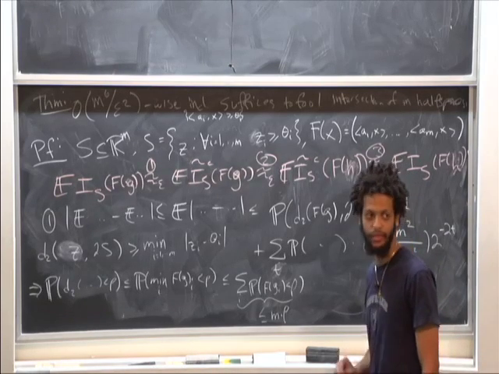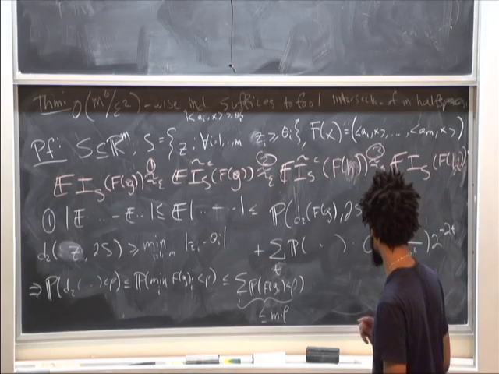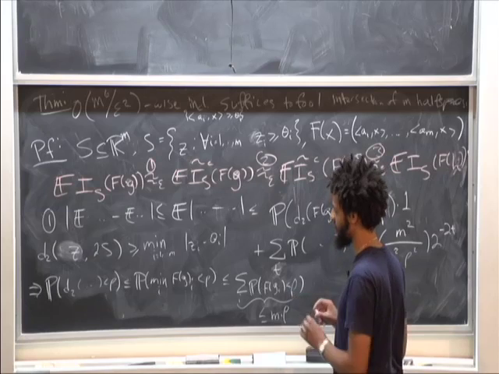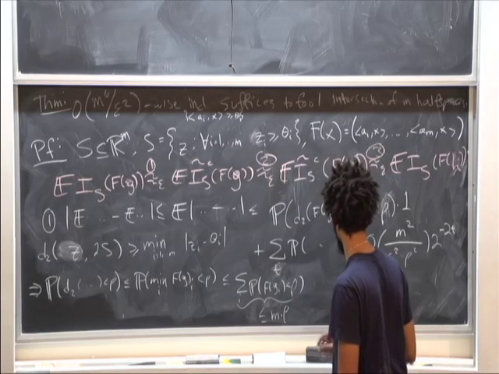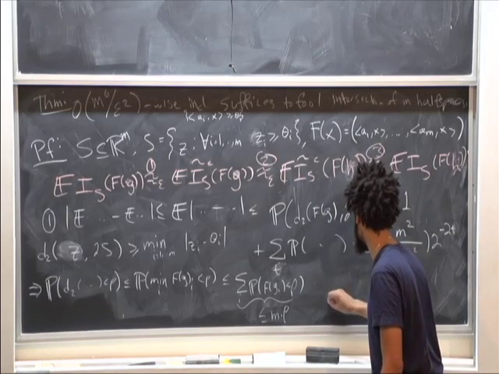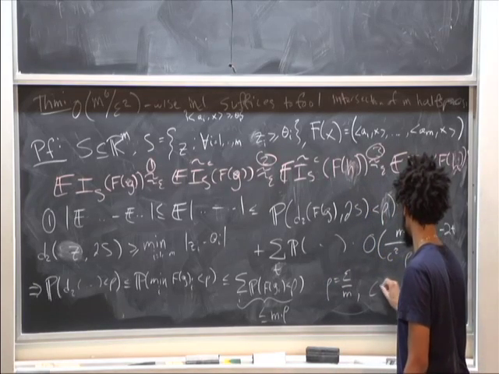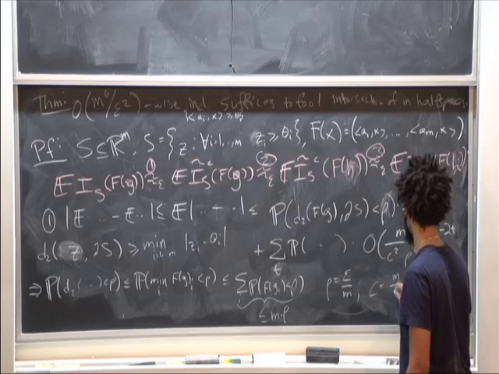Okay, so maybe that's not true. Anyway, I don't want to get bogged down by details because we have 45 minutes left. But basically, you set rho to be epsilon over m. You set c to be m over rho.